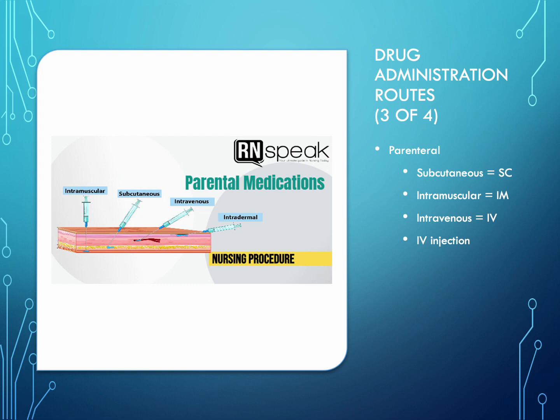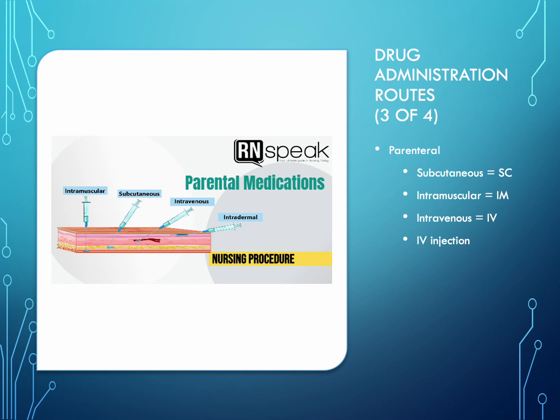You can take a peek at figure 1.12 from the text, and that will give you a better idea of these. Now, subcutaneous injections are those given just below the skin into the subcutaneous layer. Remember, that's where dermis and epidermis come together.